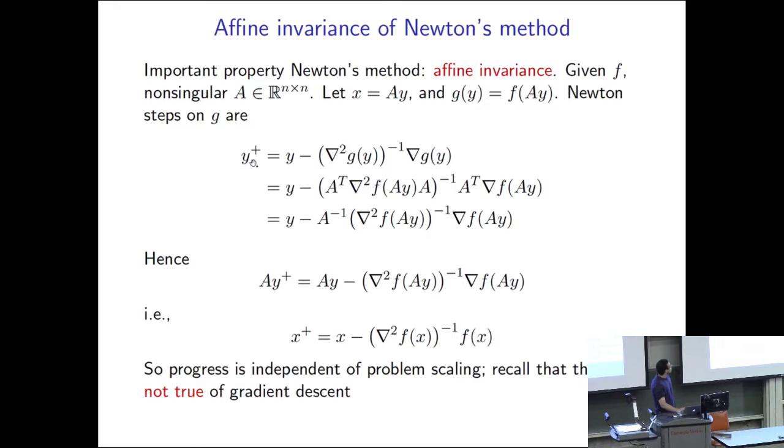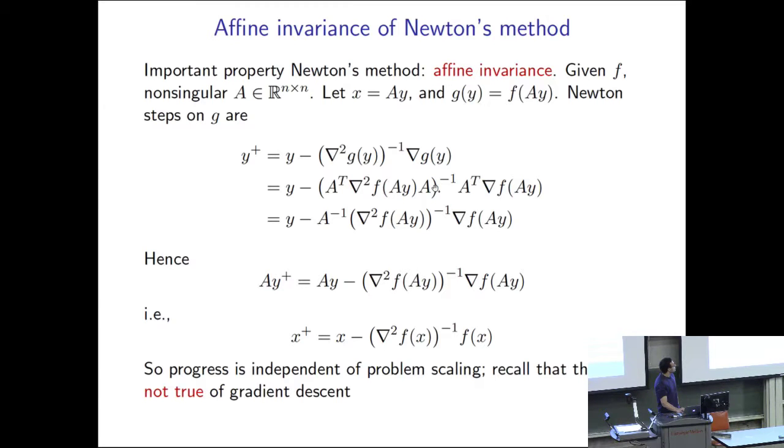On g, we would do y plus equals y minus the Hessian inverse of the gradient. Let's use the chain rule now. The gradient of g, if g was f composed with A, is just A transpose times the gradient of f at Ay. That explains this piece. And the Hessian is A transpose times the Hessian of f at Ay times A. This is just two applications of the chain rule, one to the gradient, one to the Hessian.